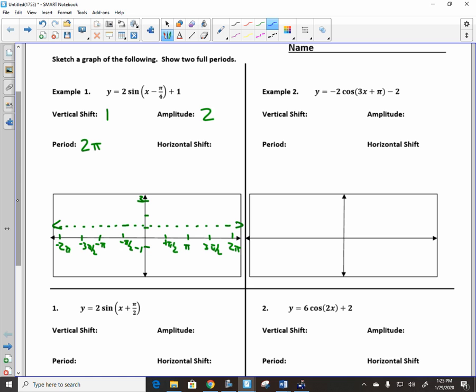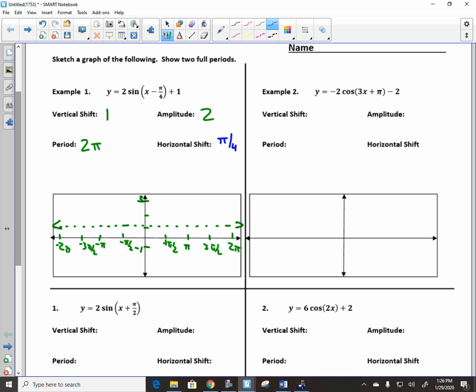True or false? I have a horizontal shift. The horizontal shift is pi over 4.